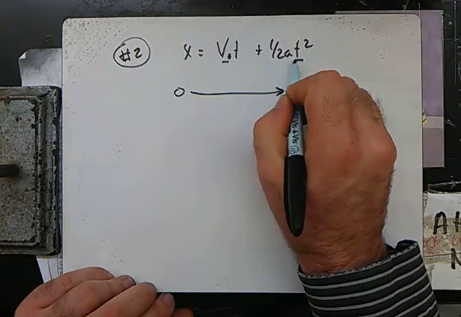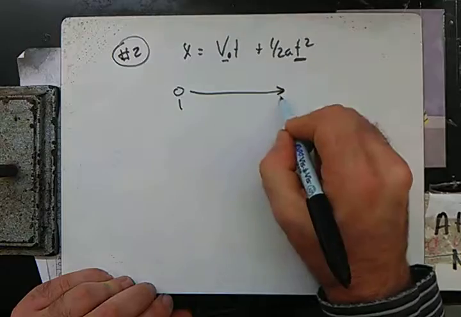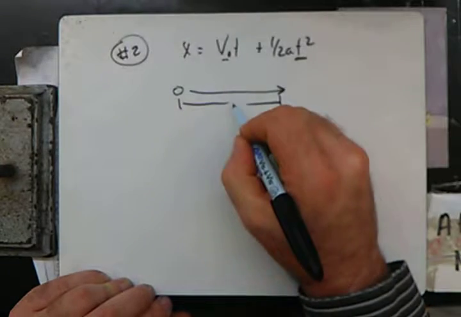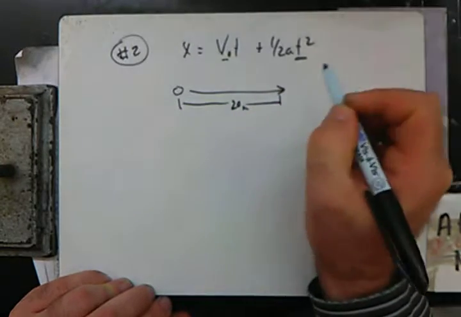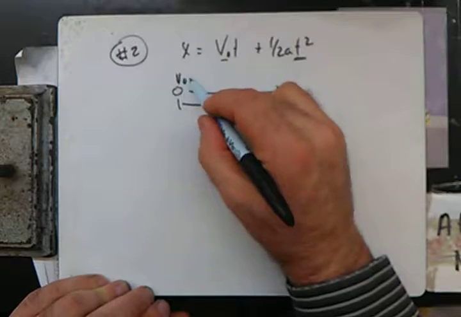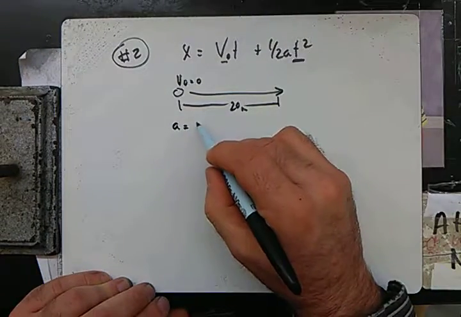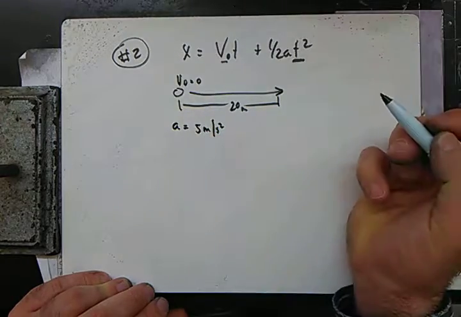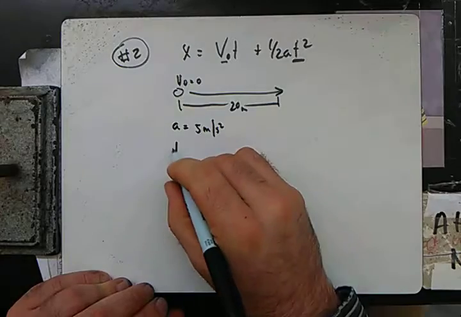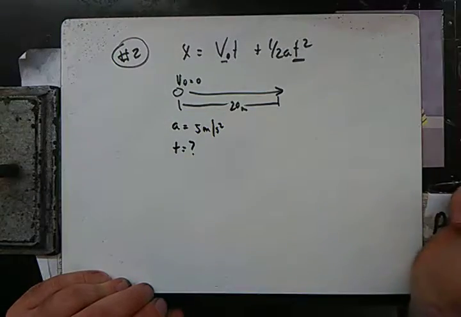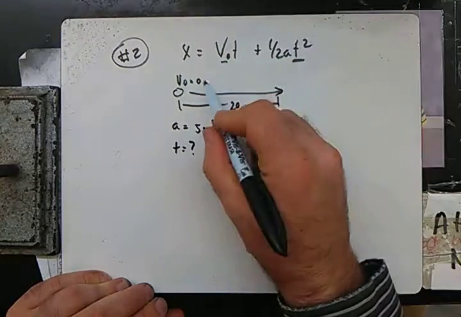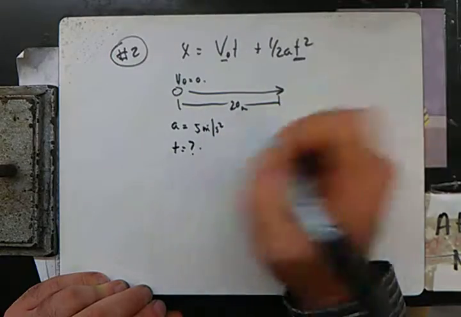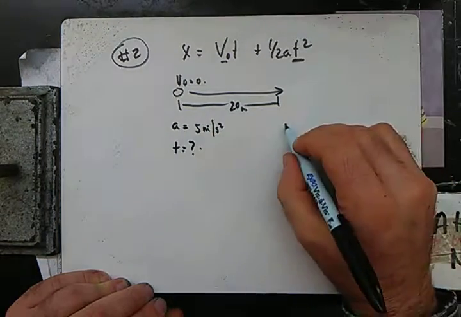Okay, so how long does it take for a ball to roll 20 meters? Initial velocity 0, and let's say it accelerates at 5 meters per second squared. We're looking for time in this equation. So I've identified the knowns and the unknowns. Now choose a formula.